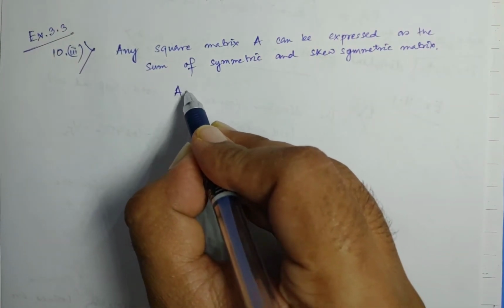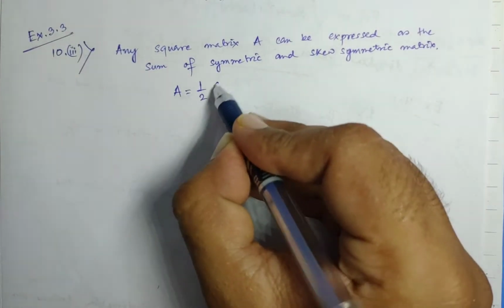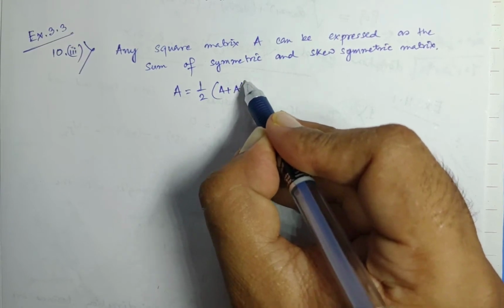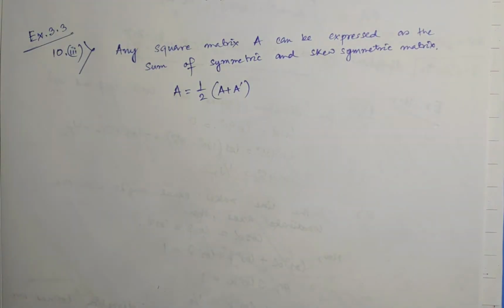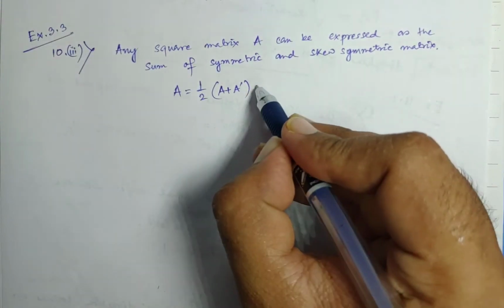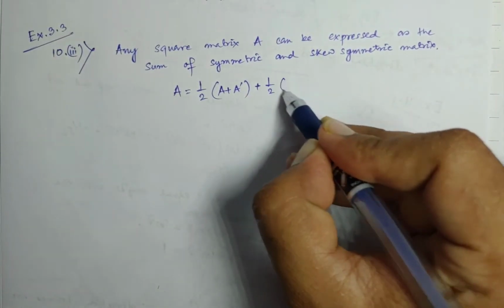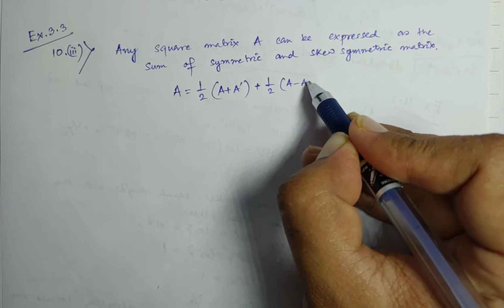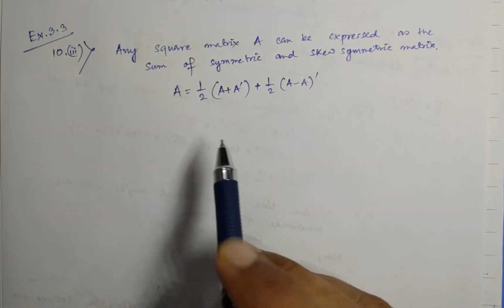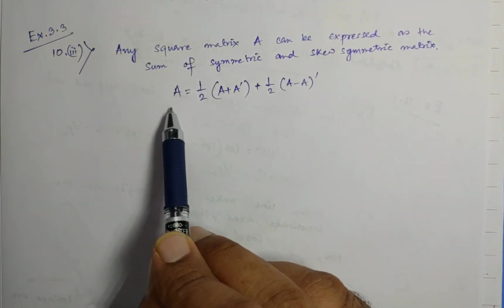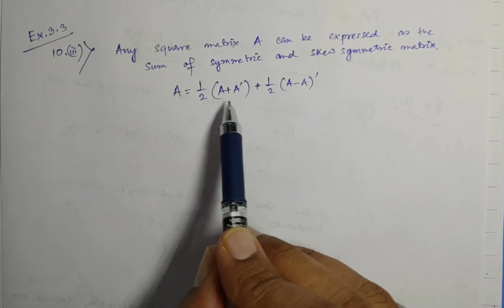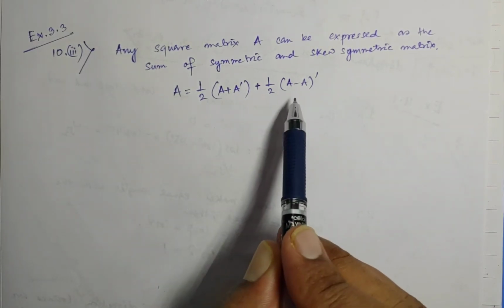It is given by A is equal to half of (A plus A transpose), and we have already discussed in class that A plus A transpose gives you the symmetric matrix, plus half of (A minus A transpose). So this is the way we express any matrix as a sum of symmetric matrix and skew symmetric matrix.